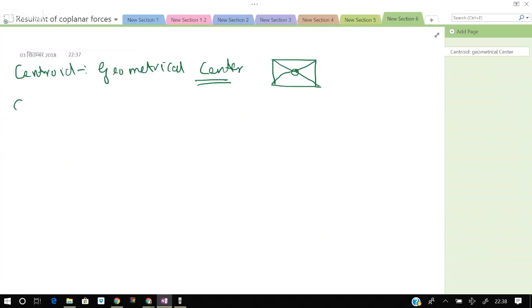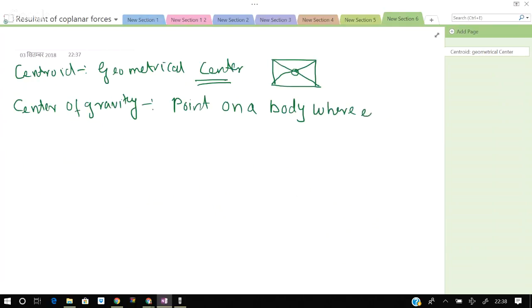Next, we'll define center of gravity. Now we can define center of gravity as a point on a body. Since we have not defined a body yet, we'll define this as a point on the body where the entire weight of the body is concentrated.